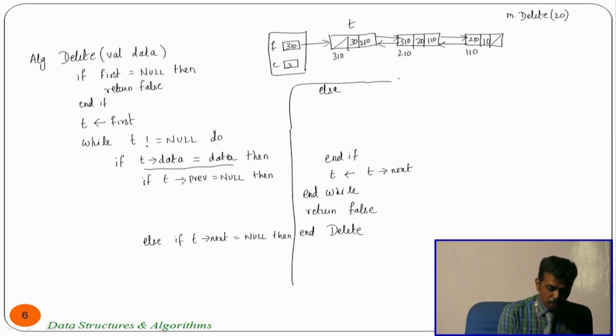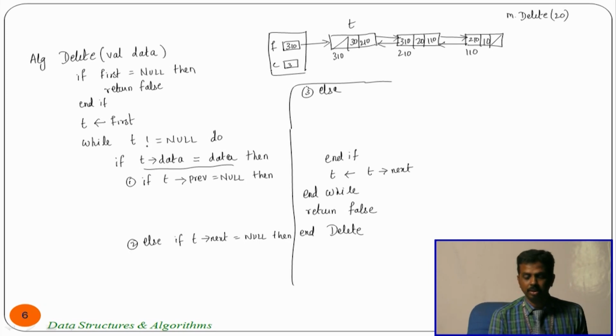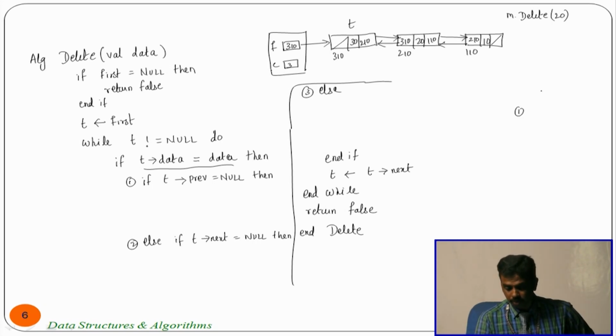So, case 1, case 2, and case 3 we have to differentiate. One is the node to be deleted is the first node, second is the node to be deleted is the last node, and third is the intermediate node.